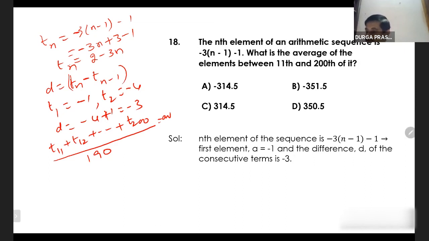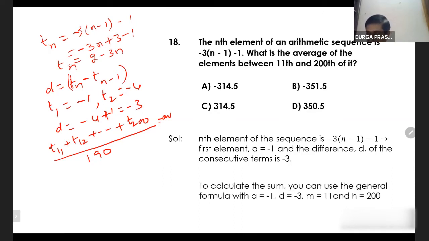Now look at this, we already got it here. The common difference we know and all the things. What is A, the first term? This is minus 1 we got, and the common difference is minus 3 we got. If I take the 11th term, M is 11, and the highest term, H, as 200.